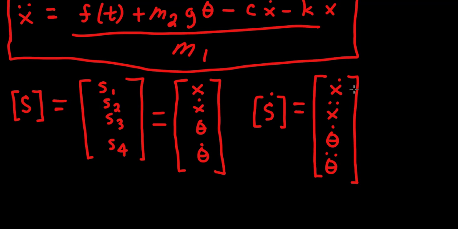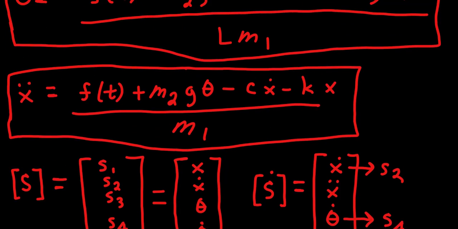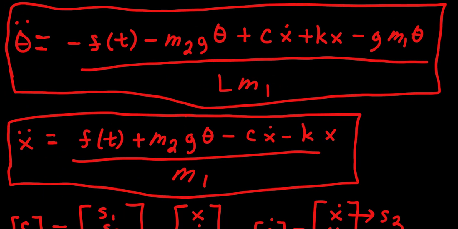We already know what these are. From here we see X dot is just S2, and theta dot is just S4. And we have X double dot and theta double dot in terms of the lower order terms.